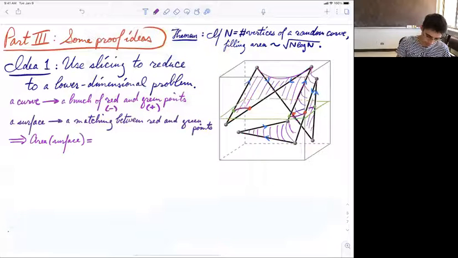The area of the surface is going to be the integral from 0 to 1, as you take different slices, of the total length of the curves in the matching.